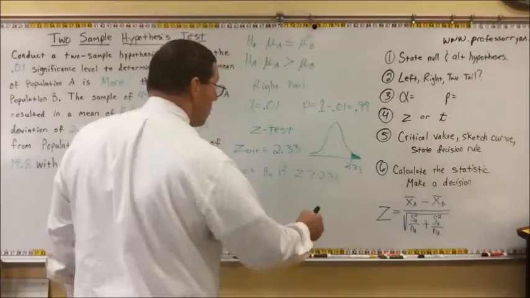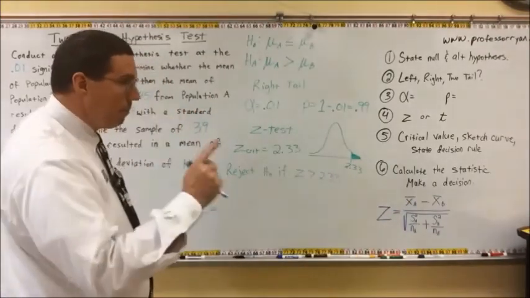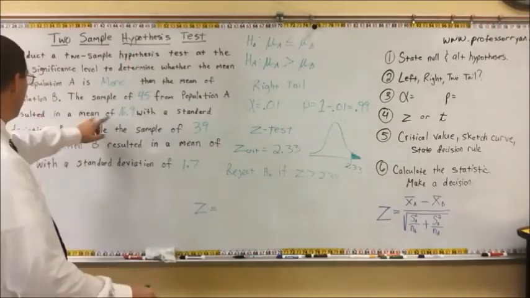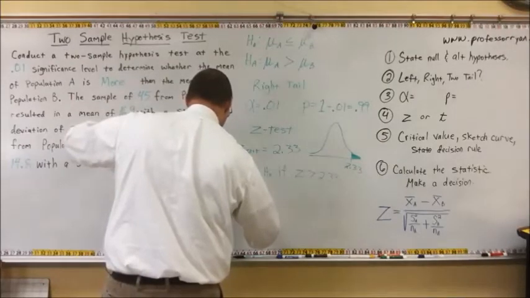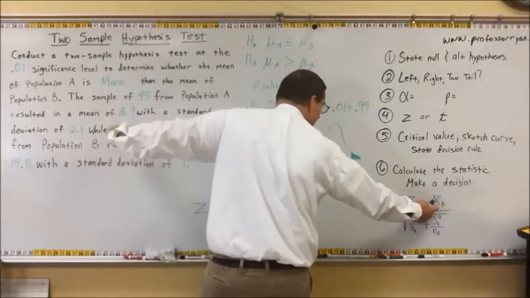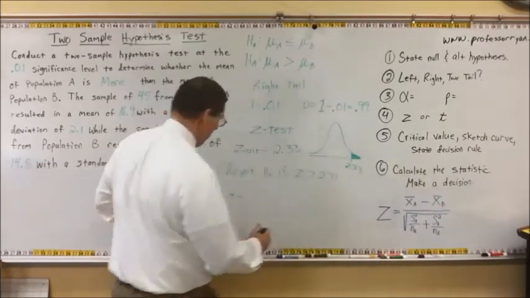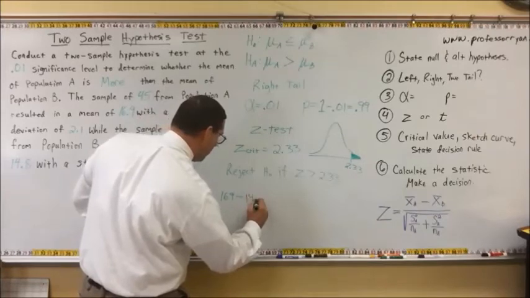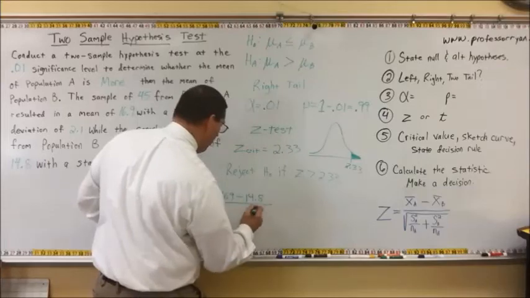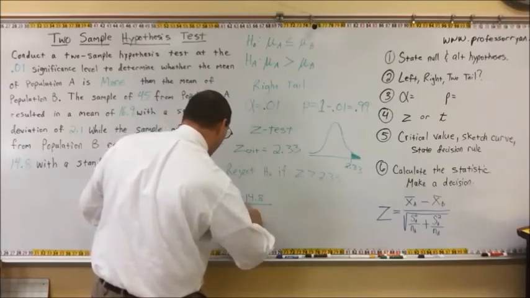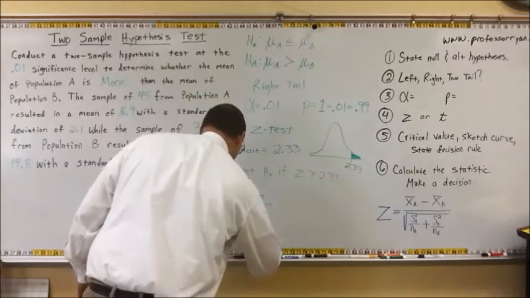All right. So the mean of the sample from population A is 16.9. So I'm going to put a 16.9 here, minus the mean of the sample from population B, which is 14.8. So I'm going to put a 14.8 here, over a radical, the square root of 2 fractions that are added together.